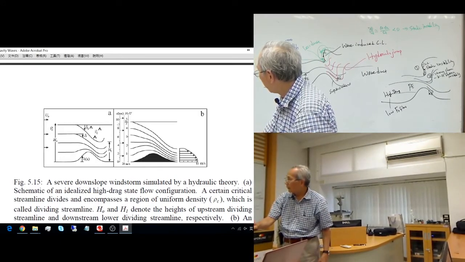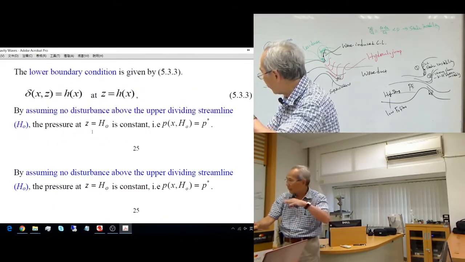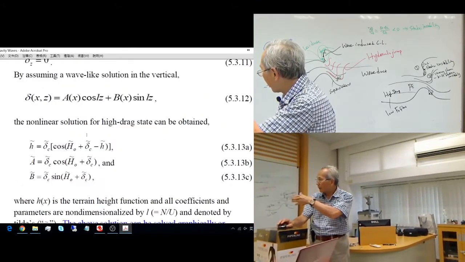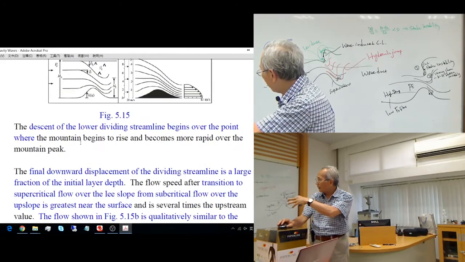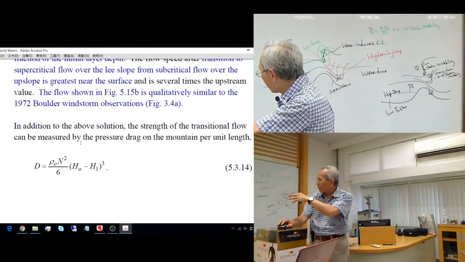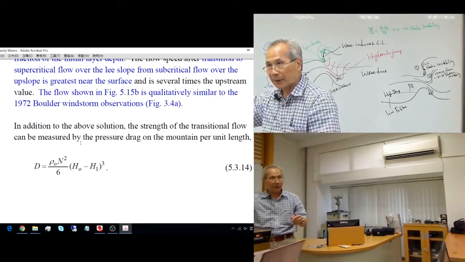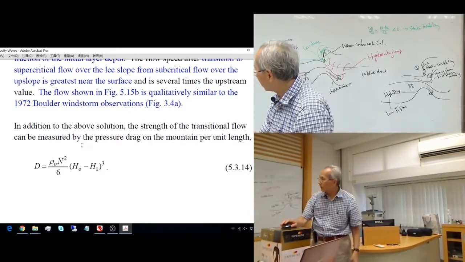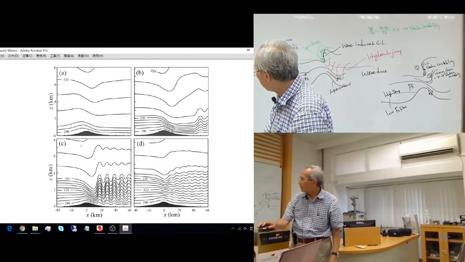This is the divided streamline, upper one, lower one, and then you get this delta C defined. So you get some conditions, and then he can produce a very beautiful theory of hydraulic jump. I'm not going into details here. Then he was able to calculate the drag, and he compared with observations and found very similar results. So that's basically his theory.